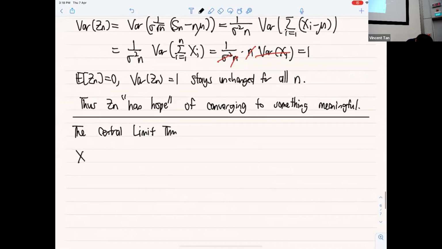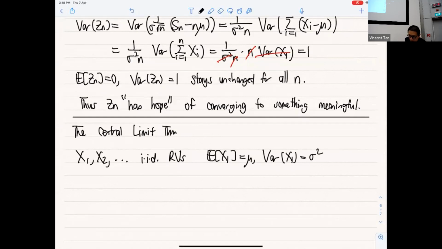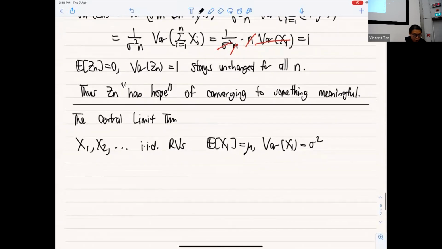We have x1, x2, ..., a sequence of IID random variables. And they all have the same mean, mu, and the same variance, sigma squared. So I just have to specify the mean and the variance of the first object.